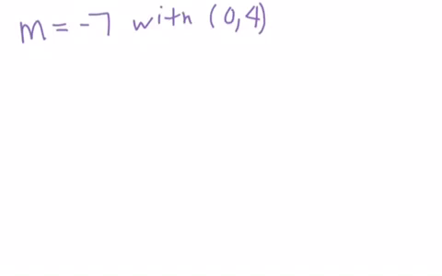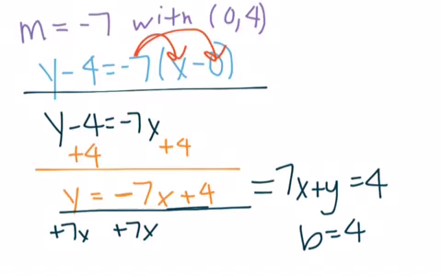So I'm going to pick one from your homework real fast. We'll do that, and then I'll have you try these in your notebook, and you'll be done. So let's do m equals negative 7 with the point 0, 4. I want you to use point slope form to solve this, but I want your answer to be in standard form. Good luck.